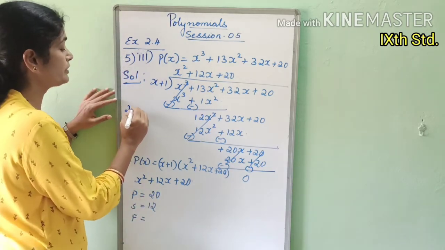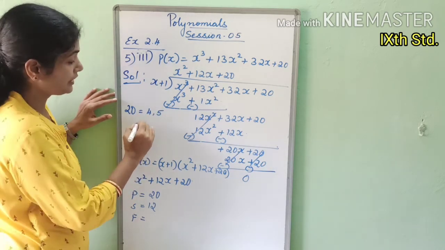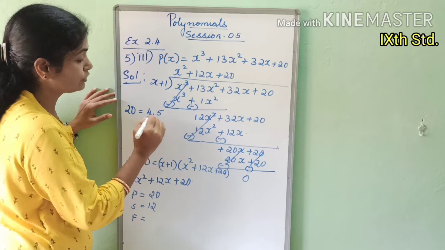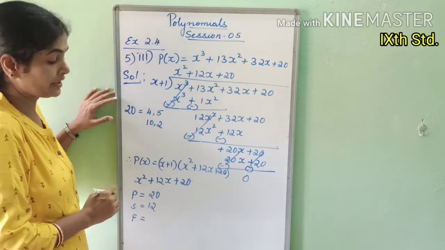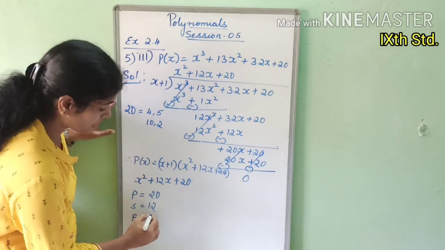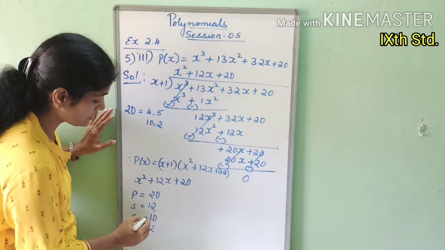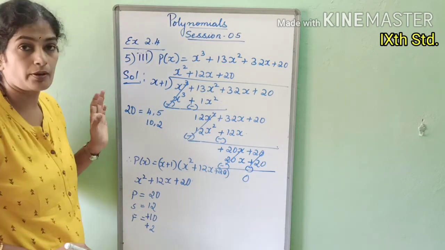For 20, what may be the factors? Factors are 4 and 5, 20 and 1, 10 and 2 gives you 20. Now 10 and 2, 10 plus 2 also gives you 12. So I am taking 10 and 2. Sum is positive, product is also positive, so the signs will also be positive.